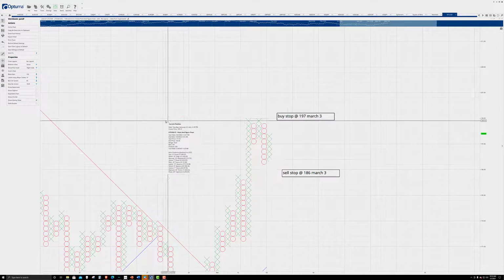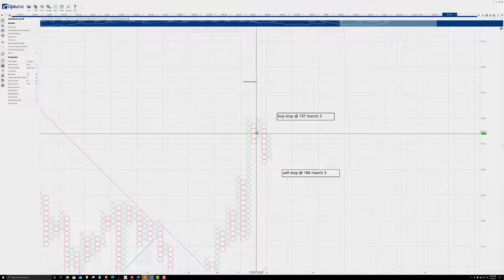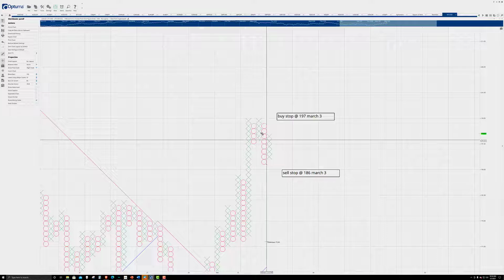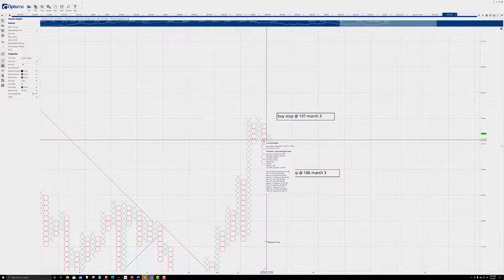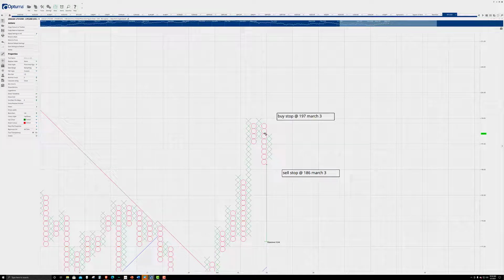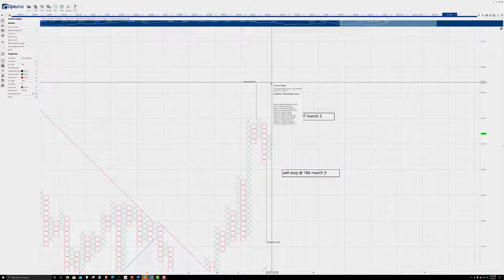Now the profit targets for those, which I just found out that Optima did fix these targets, which is nice. Oh, that's not what I wanted. That works though. So we have our first profit target for the long.